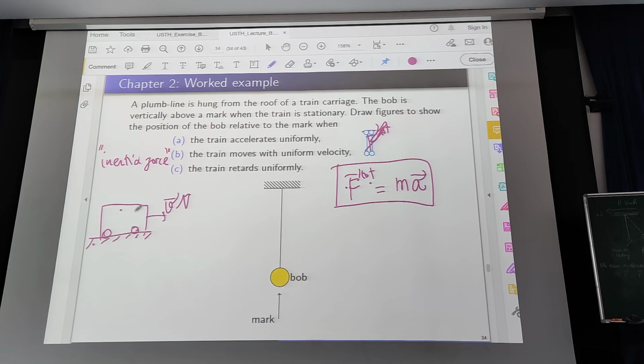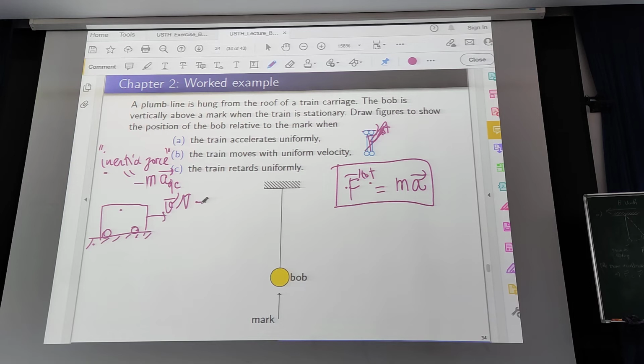And in this case, a new force appears if you consider the motion in this frame. That is the inertial force. So inertial force equals minus the mass of the object multiplied by the acceleration of the frame. Okay?